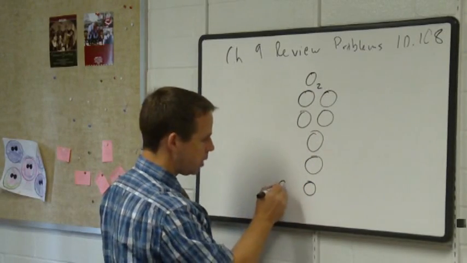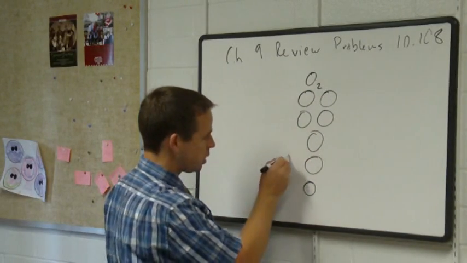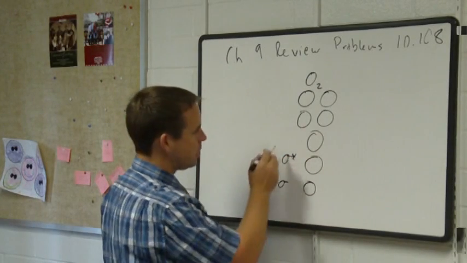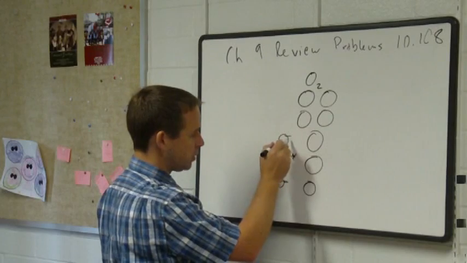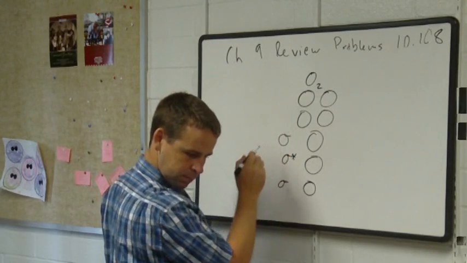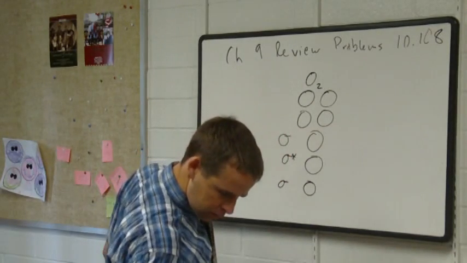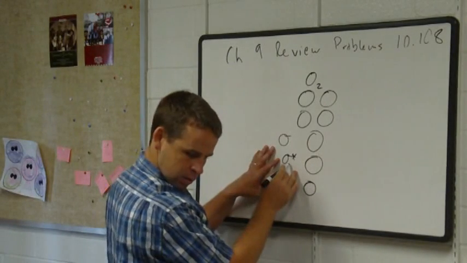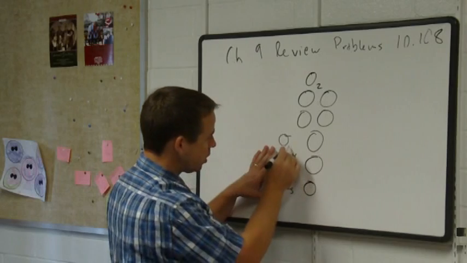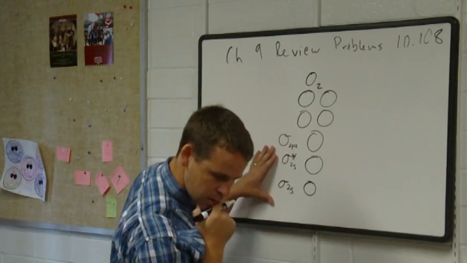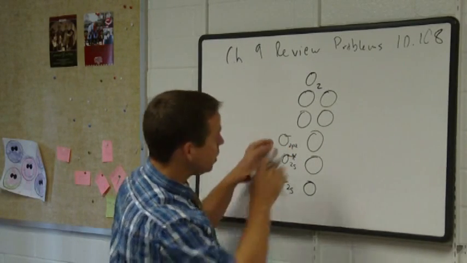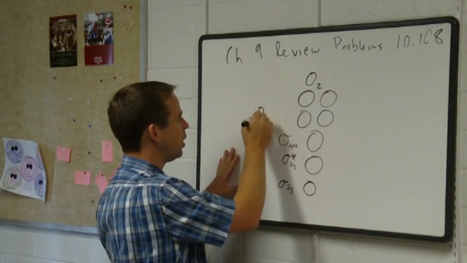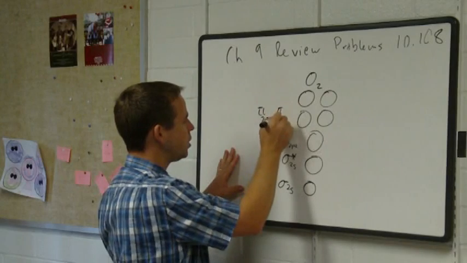Okay, so this is our sigma bond. This is a sigma star, which means anti-bonding. And then we have our second sigma. So this is the 2s. This is the anti-bonding 2s. This is the 2pz. And then these two are the 2px and 2py. Pi 2px, pi 2py.